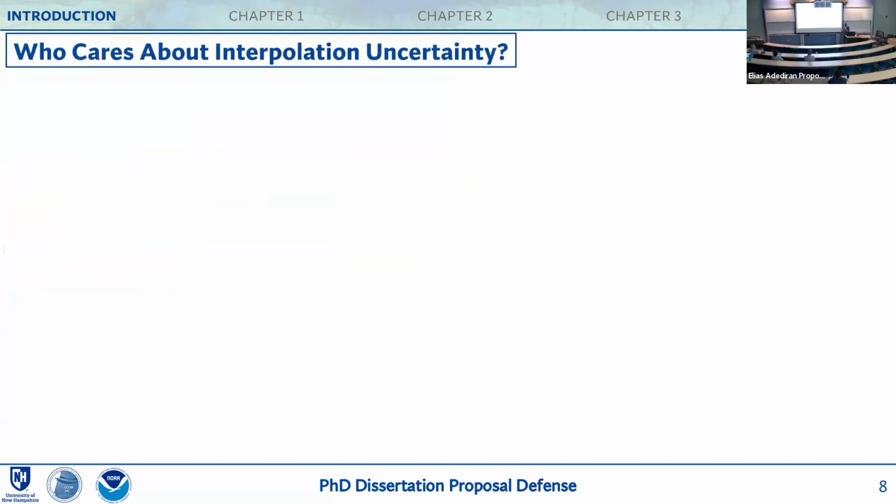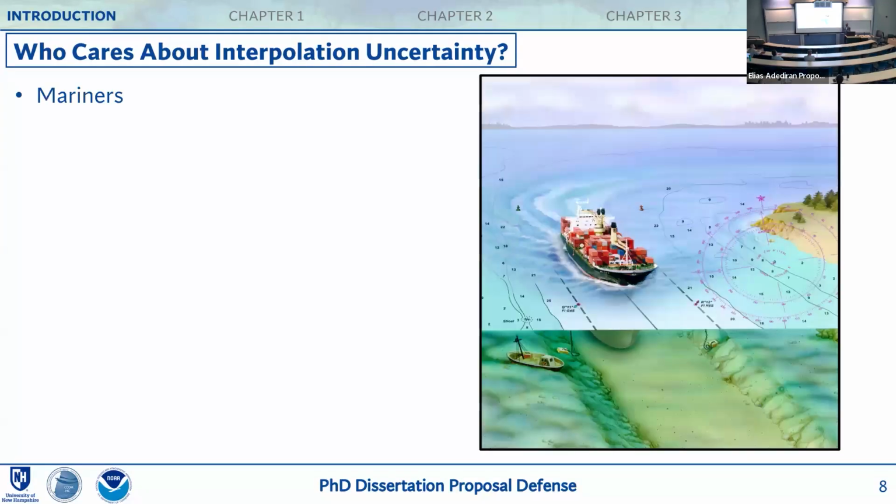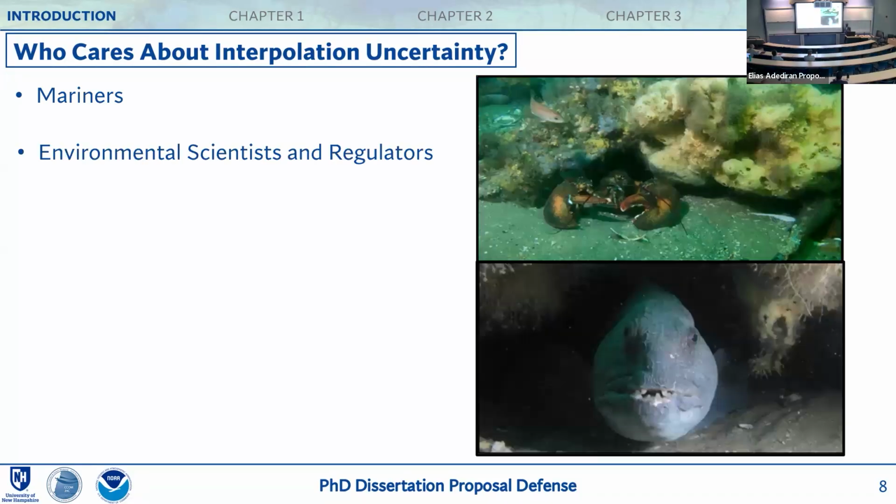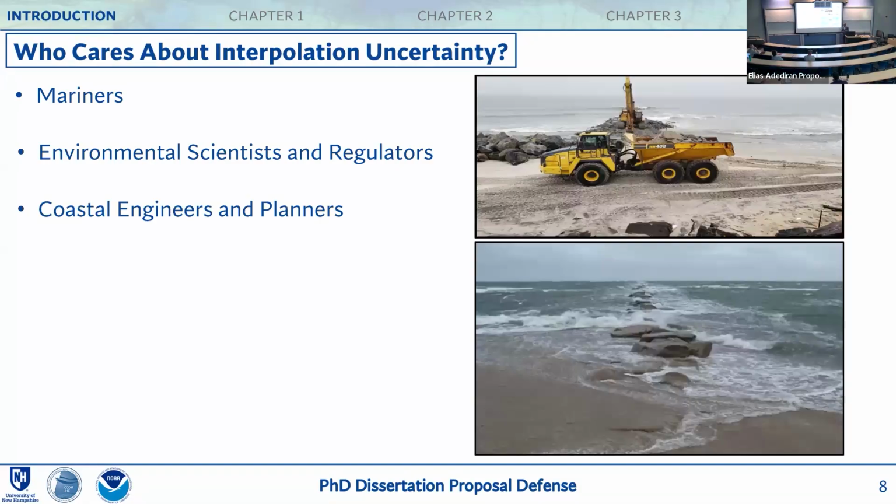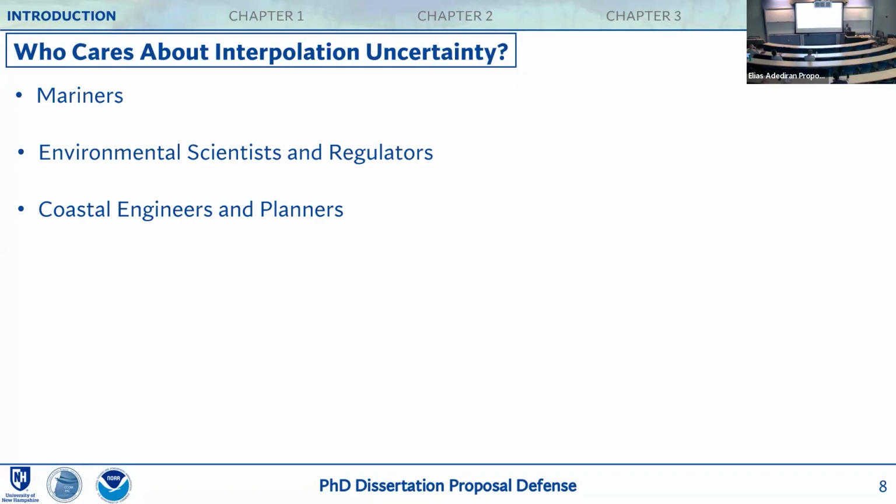So having said all of this, who actually cares about this interpolation uncertainty and the quality metrics I've been talking about? Of course, the mariners, they care because this is important for safety of navigation. Environmental scientists and regulators also care because they need accurate depth and interpolation uncertainty information to study benthic habitats. Coastal engineers and planners also rely on this information to build resilient coasts.